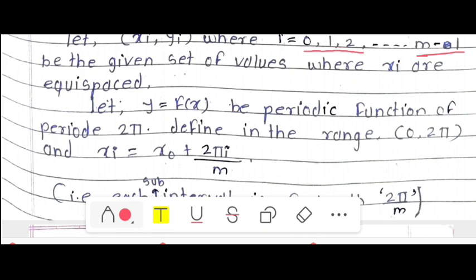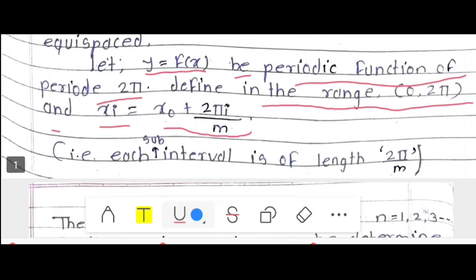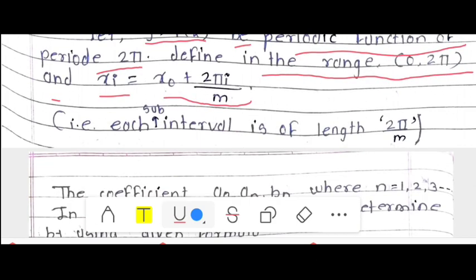So let y is equal to f of x be a periodic function of period 2 pi defined in the range 0 to 2 pi, and xi is x0 plus 2 pi i divided by m, that is, each subinterval is of length 2 pi upon m.